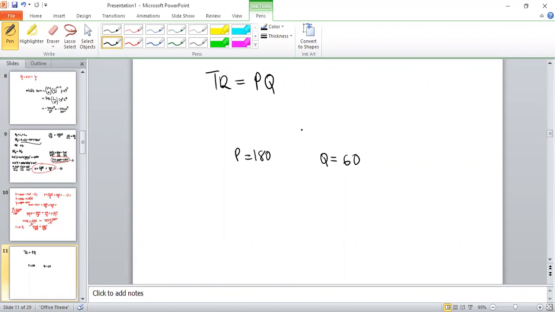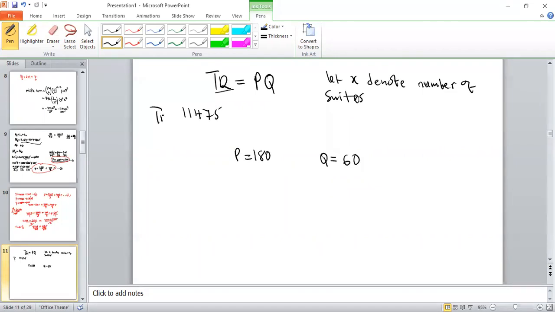So if we say let X denote the number of suites, we've been given that the total revenue we want to achieve is 11,475.